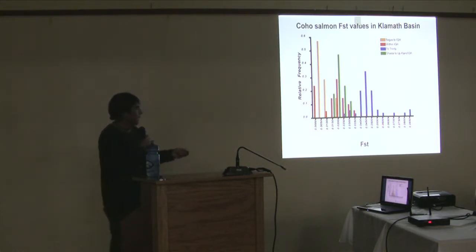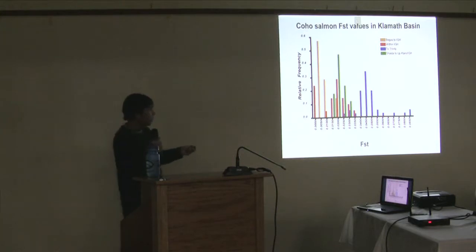And what we're looking at here is a frequency histogram of all of the pairwise FST values for different types of comparisons of populations. Bogus Creek to an Iron Gate hatchery broodstock, those are the yellowish bars. Iron Gate broodstock in one year to Iron Gate broodstock in another year, those are the red bars.